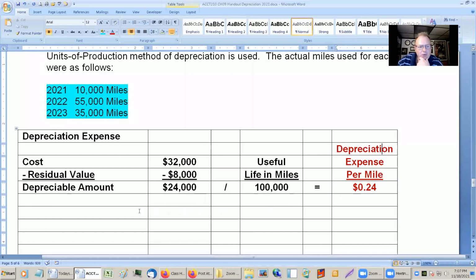Okay, so now we know how much it is per mile. So now we have to wait for each year to come around, and however many miles they had, we'll use that.